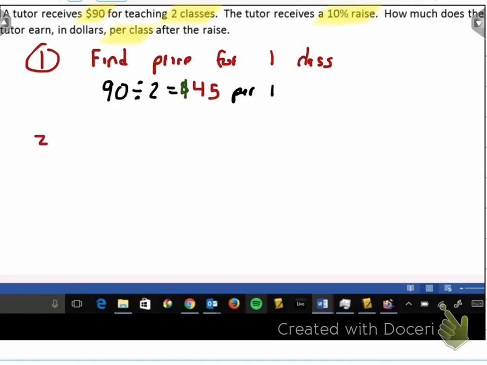Calculate the raise. How do we do that? Well, I'm going to change my 10% into a decimal.